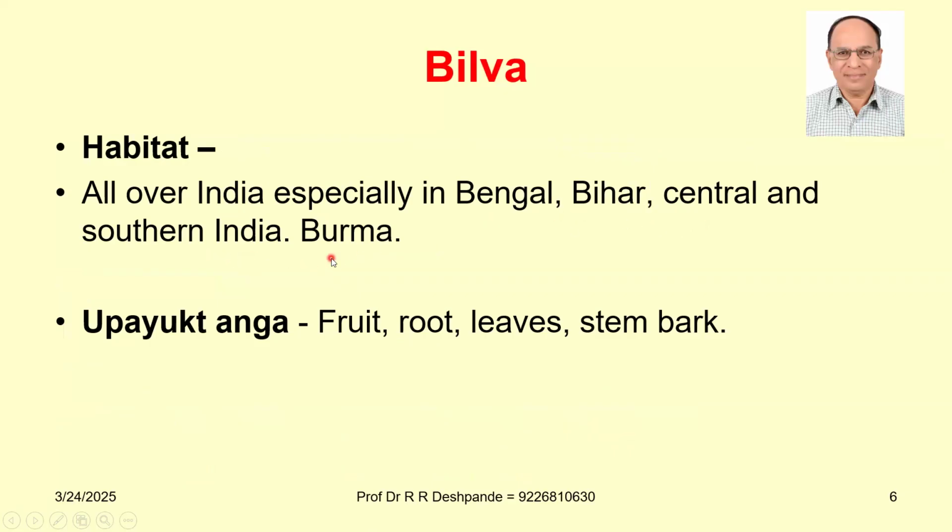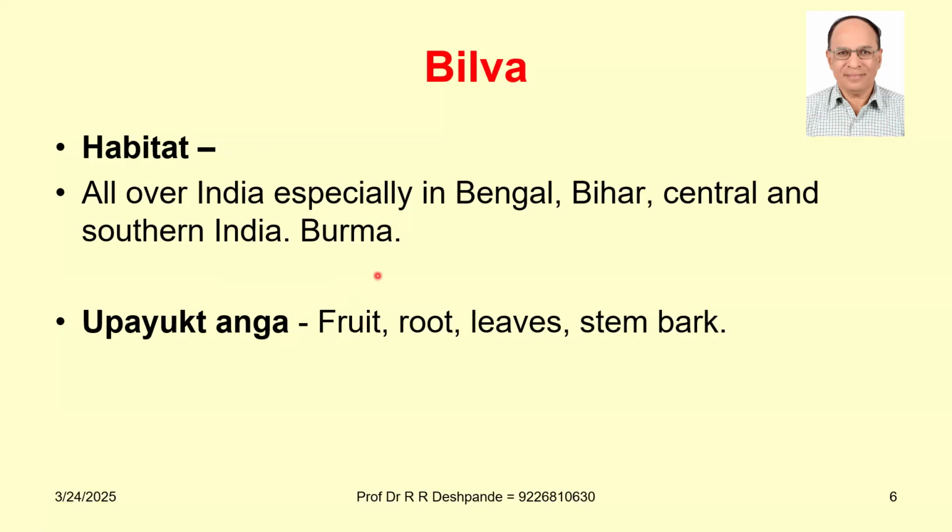Which is the useful part of this plant? The fruit. Of course the ripe fruit is also used and the raw fruit is also used, but Bilva Leh is prepared from the raw fruit. This is a very interesting thing.